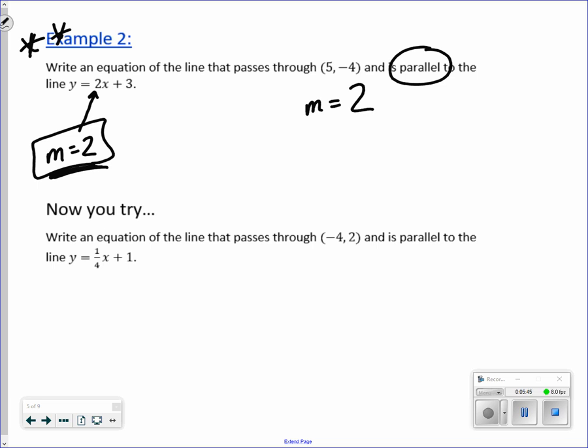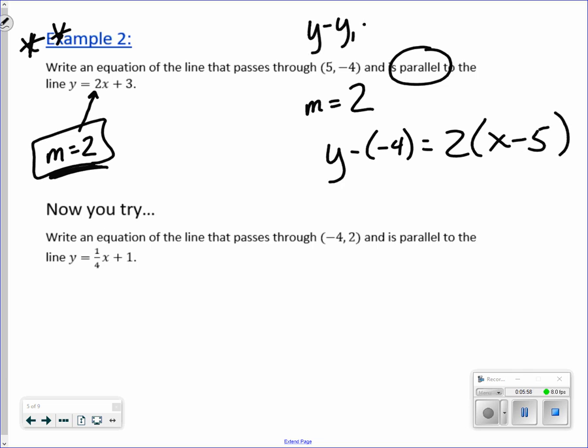And from what we talked about last section, y minus the y of the point equals slope times x minus the x of the point. I am using the point-slope form to write my equation. So I took the slope from the given line and the point that they gave me, and I know some of you are going to be confused by this little part, so I'm going to make that a +4 because it's minusing a negative.